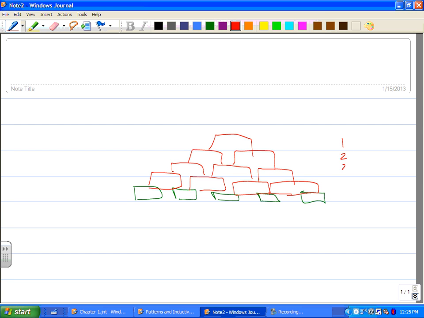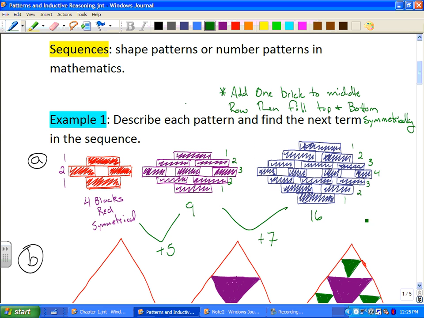So 1, 2, 3, 4, 5, 4, 3, 2, 1. All right, so 1, 2, 3, 4, 5. That's 15. And that would be 7, 9, that's 10. 10 and 15 give me 25. So in my third one, I would get 25.